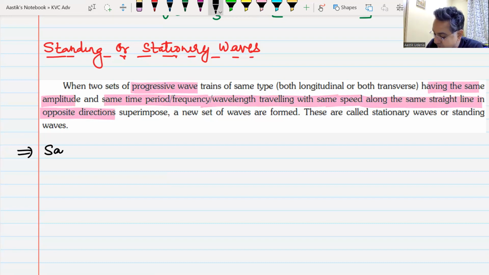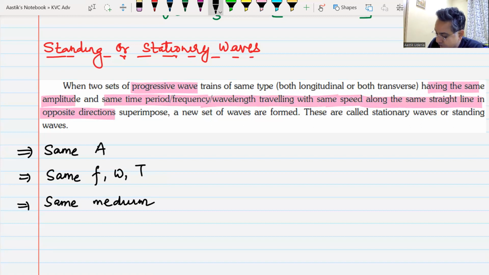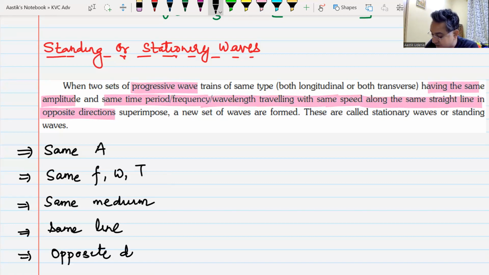Same amplitude, same A. Same f, same omega, same T, same medium, same straight line, but in opposite direction.